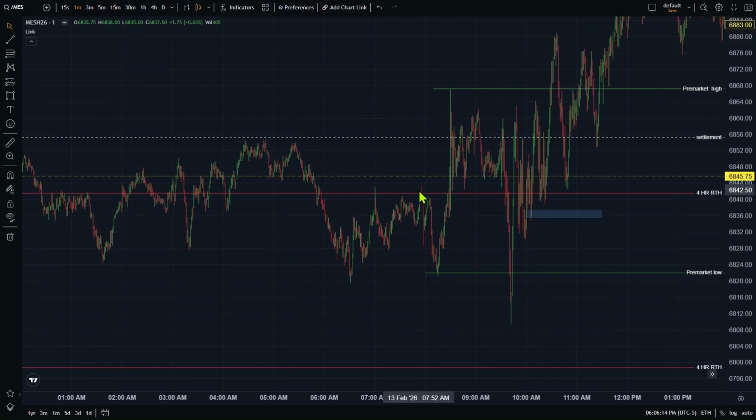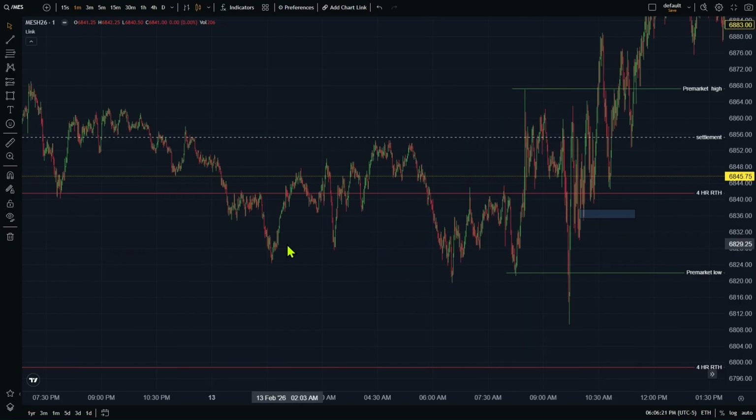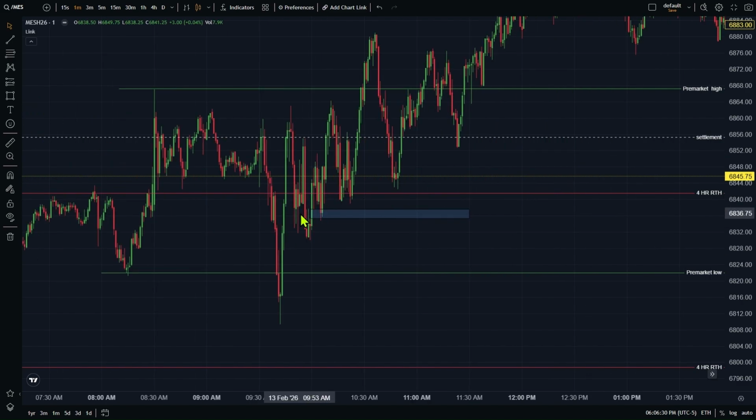But all of that up and down movement had me a little scared because New York will usually do the same thing that London and Asia did. So all of these rips back down were scaring me. I thought anytime it ripped down over here, we were going all the way back down here.